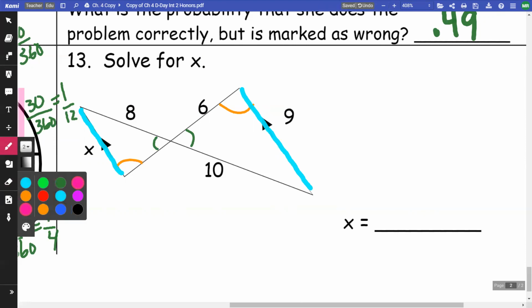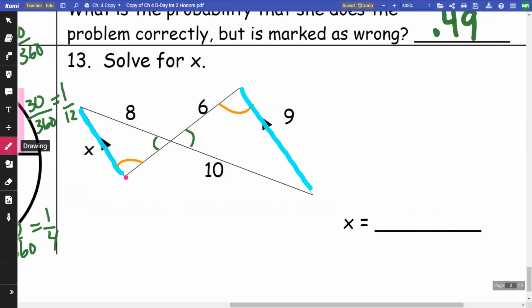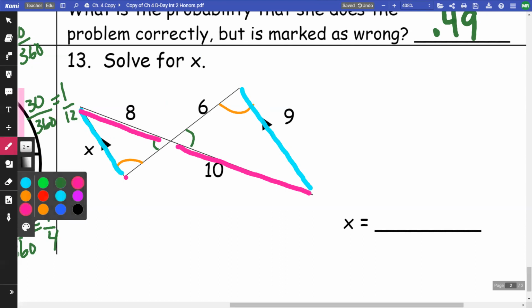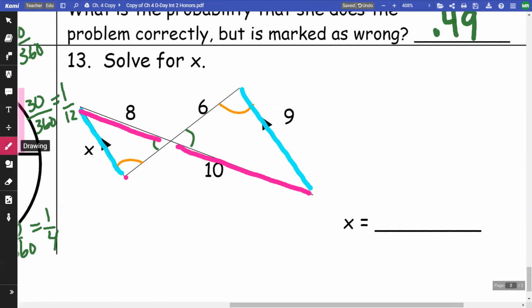And I have this side here, which is an 8, that is across from the orange angle. So that's going to correspond with this side here with the 10. Okay. So I'm not going to be using the 6 at all. So when I set up a proportion, I am going to do X over 9 equals 8 over 10, for example.